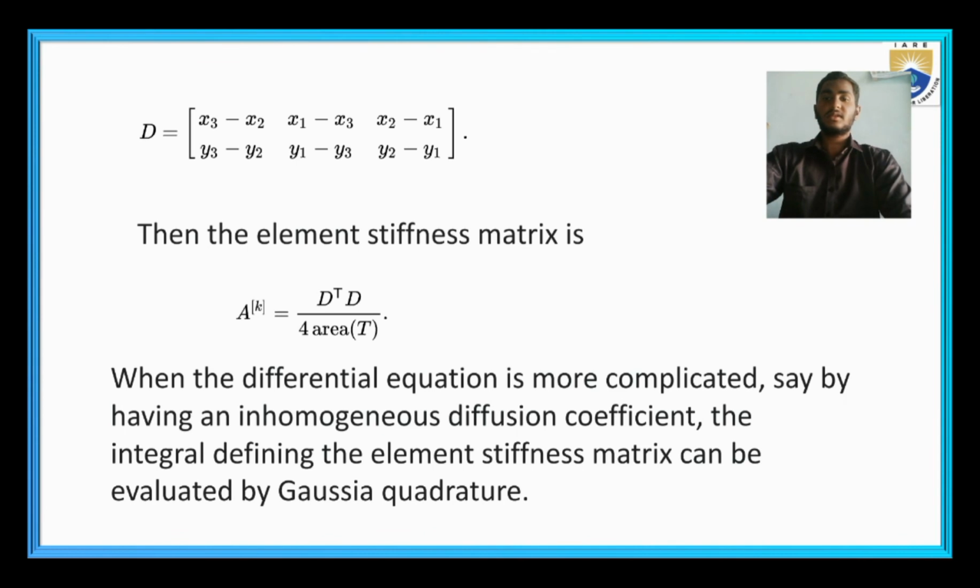Then the element stiffness matrix is A^k equal to D^T D divided by 4 times the area.